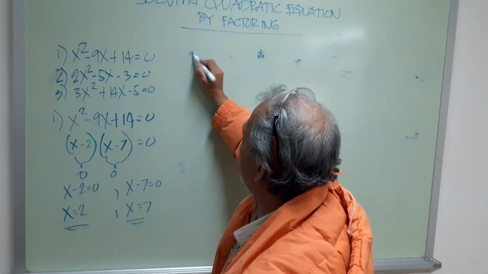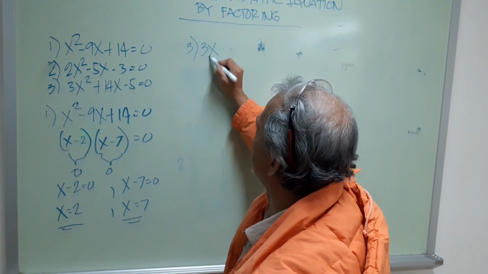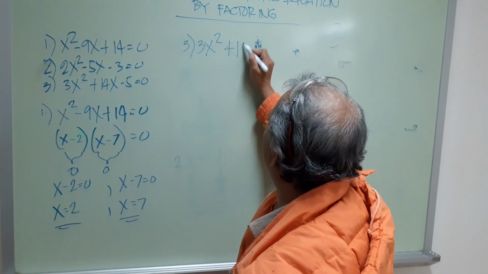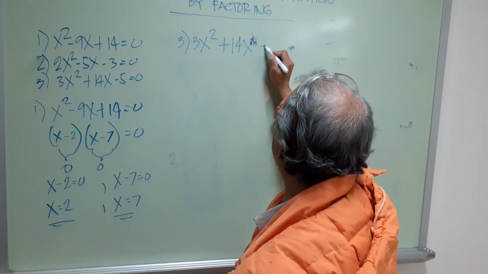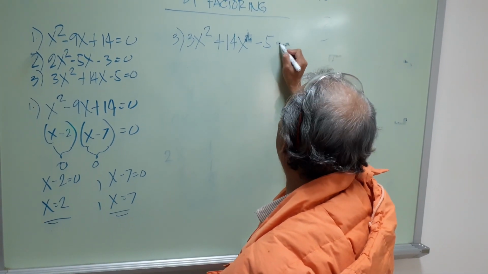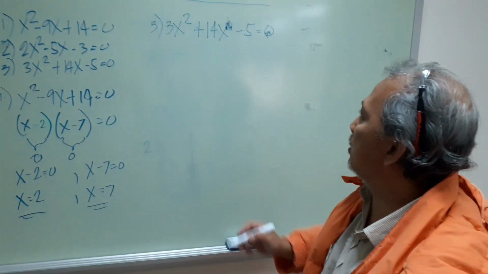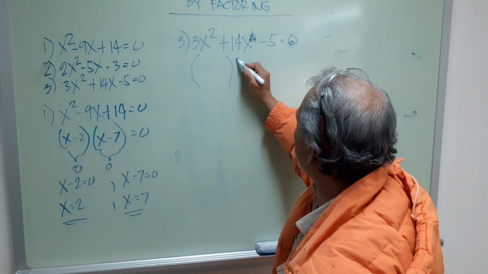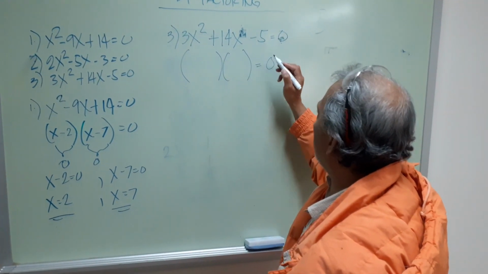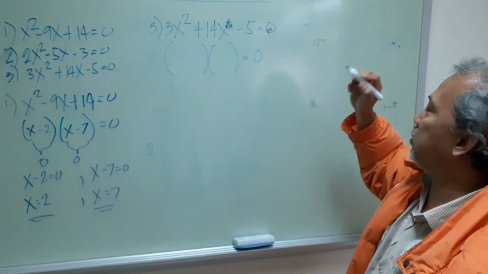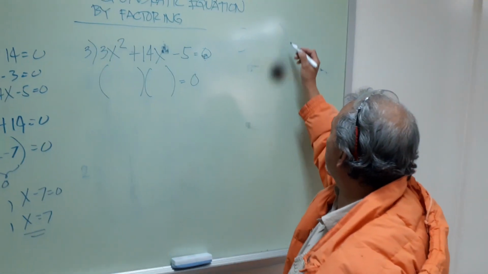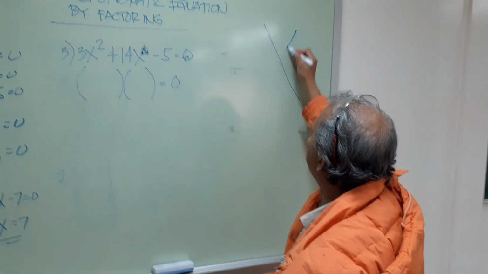So, number 3 is 3x squared plus 14x minus 5 equals to 0. So let's factor this one and equate to 0. Again, we will use the magic X method. So let's put a big X on the board.